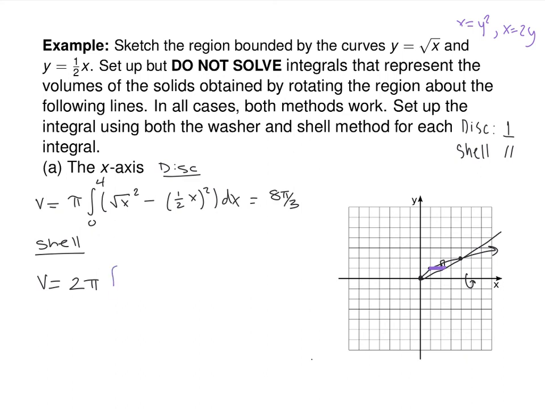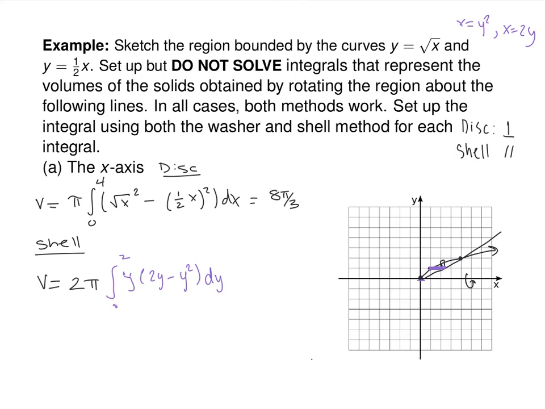And so in this integral, our slices begin at y equals 0. They end at y equals 2. The radius out to the slice is y. And the height of a slice is going to be 2y minus y squared.